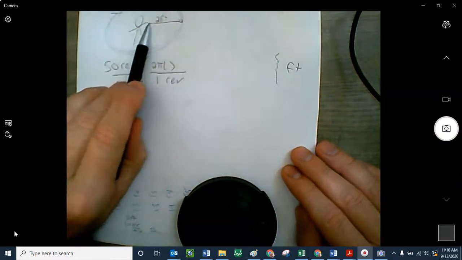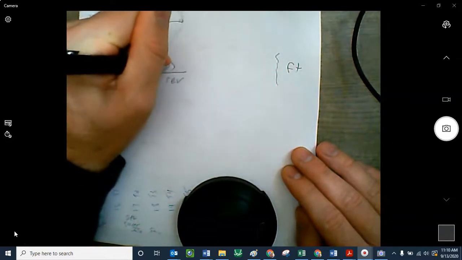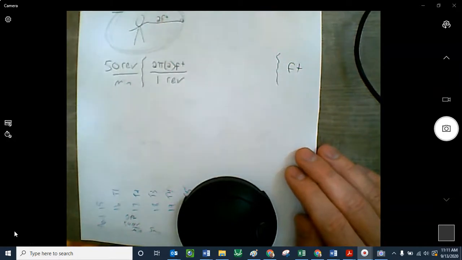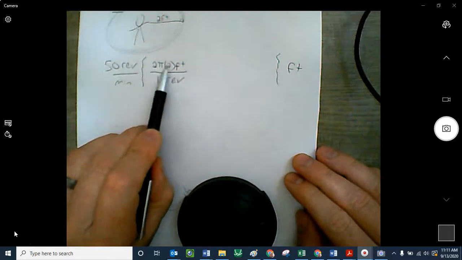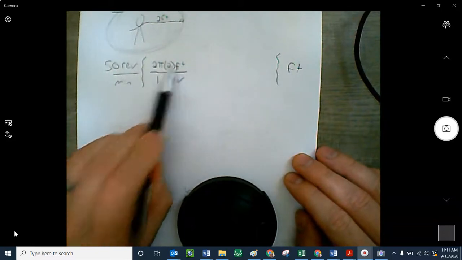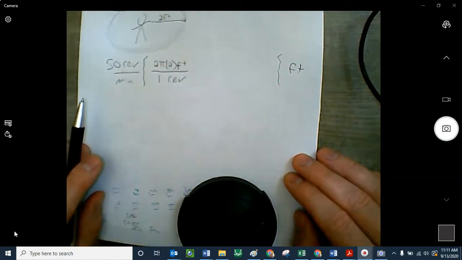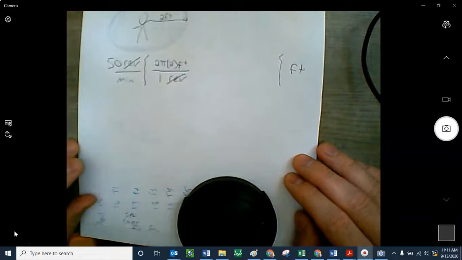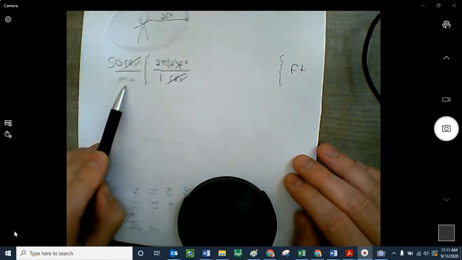In this case, he's swinging around the circle at 2 feet, so I know that it's going to be 2 feet. So just like we could do 3 feet and 1 yard are the exact same thing, so dividing them gives me 1. 2 pi r feet is 1 time around. 1 revolution is 1 time around. These are the same things. This is my conversion factor. That's just like multiplying by 1. Revolutions cancel. Excellent.